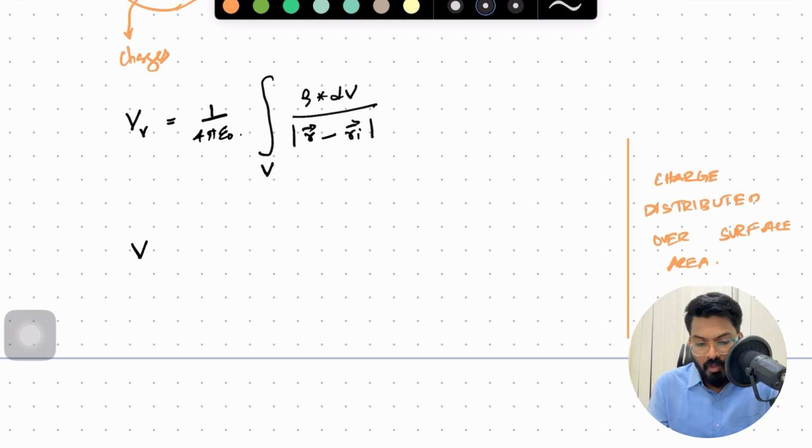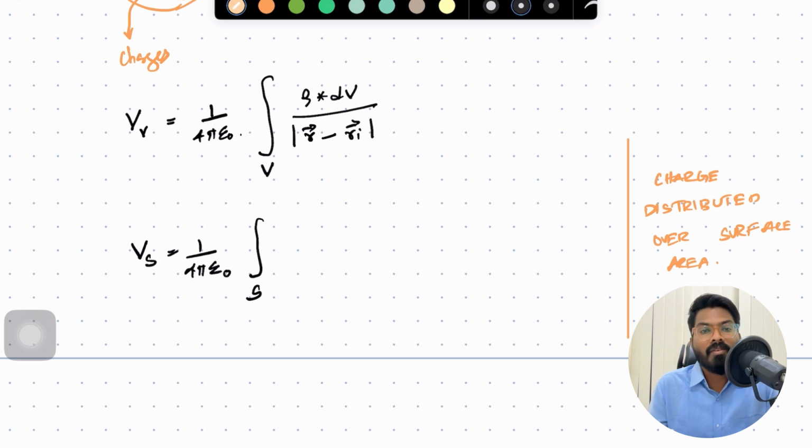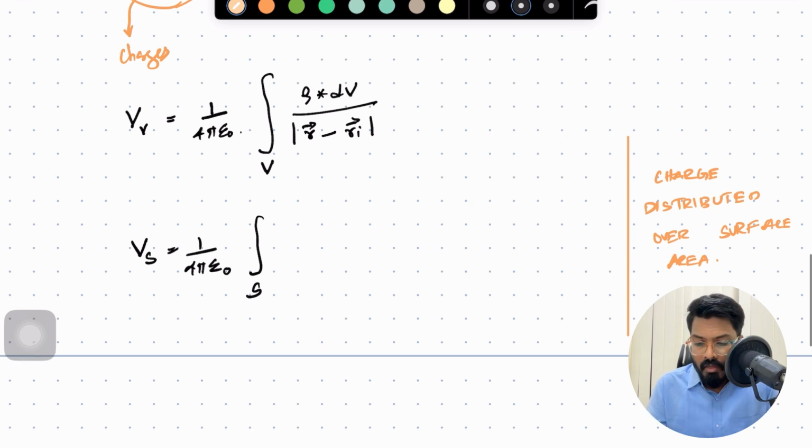So in that way, Vs equals 1 by 4 pi epsilon naught, and then we are integrating over the surface area of the laddu. Here, instead of having dq, I'll look at how much charge is present per unit area.